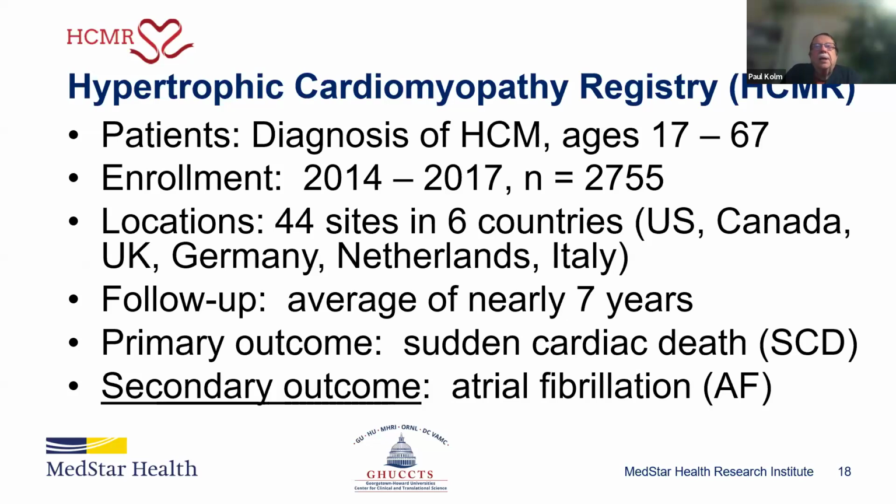Between 2014 and 2017, there were some 2,700 patients enrolled, although it turned out that some of these had to be dropped because they had no follow-up data or they actually weren't HCM patients. There were 44 sites enrolling patients in 6 countries. And when we closed the follow-up study, we had an average of nearly 7 years of follow-up.